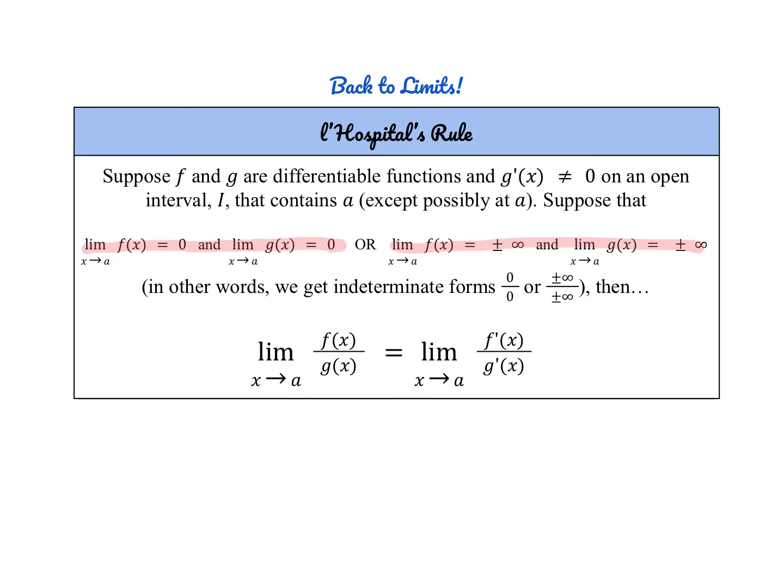So if you get either of these specific indeterminate forms, you can actually find this limit by taking the limit of the derivative of each of the functions. So you take the derivative of the function in your numerator and the derivative of the function in your denominator, and then you try to find that limit using direct substitution.